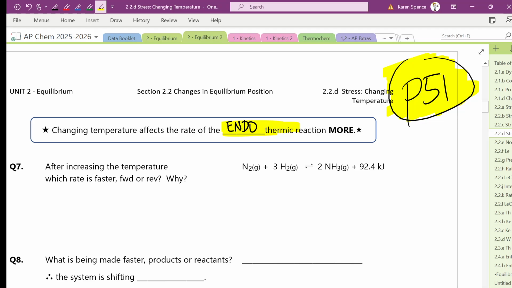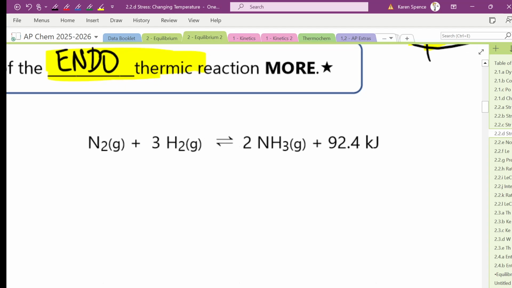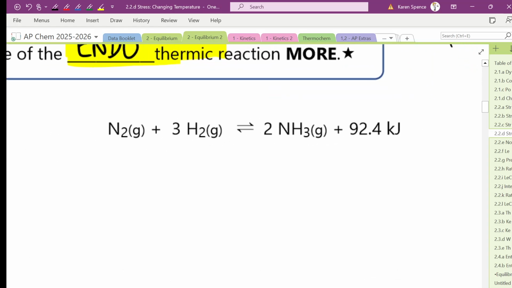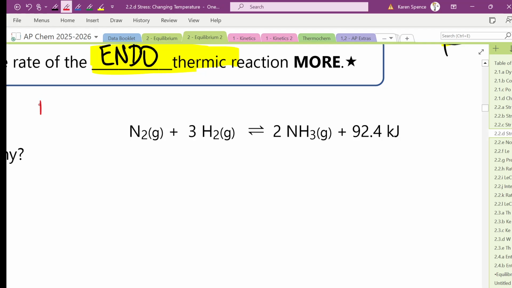After increasing the temperature in this particular reaction, which rate will be faster? The reverse rate, because when we increase the temperature, the reverse rate will increase more than the forward rate, because the reverse is the endothermic direction. So the endothermic rate increases more.